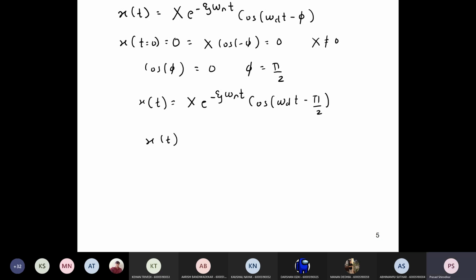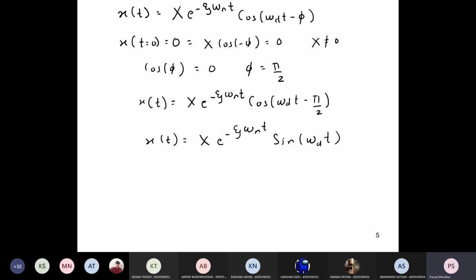So x(t) is equal to X e raised to minus zeta omega n t sine omega d t. So this is our equation for displacement. In the question, it is asked the maximum displacement of the mass, which we can get from this equation, and the amplitude after 2 cycles. So let's calculate one by one.